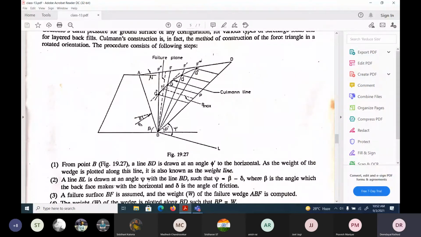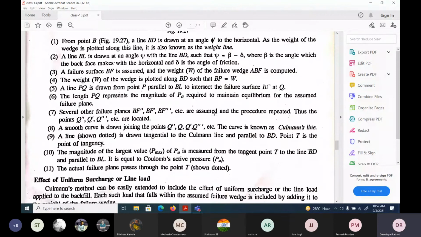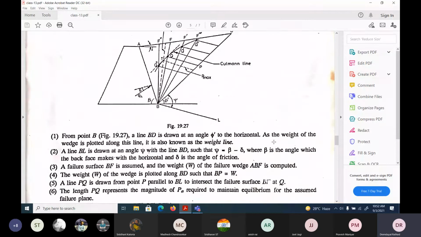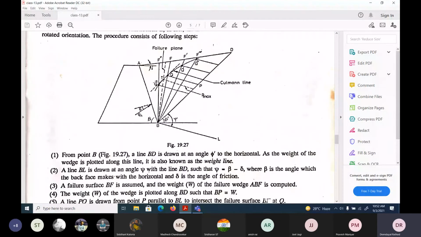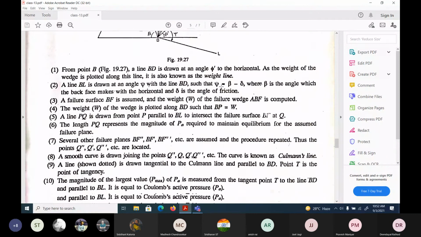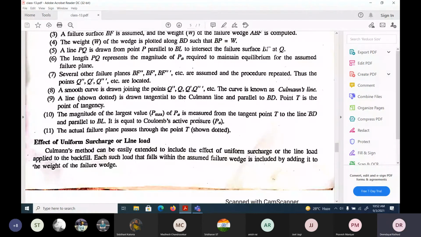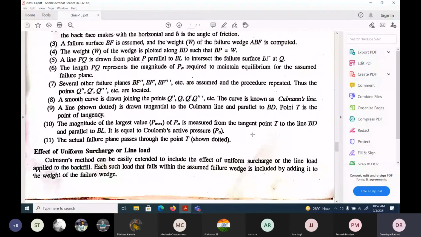This is the weight line and this is Culmann's line. Understood? Now the dotted line is drawn tangent to the Culmann's line and parallel to BD. One tangent we have to draw here, parallel to BD, tangent to this curve. Point T is the point of tangency.